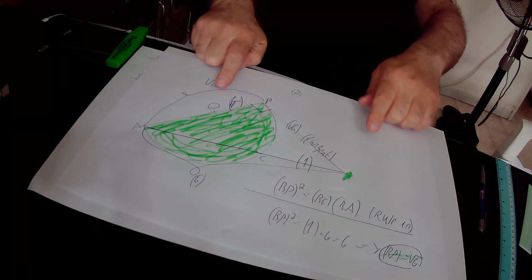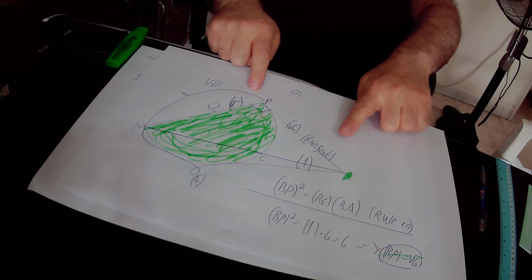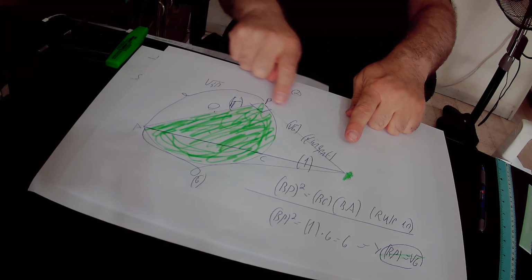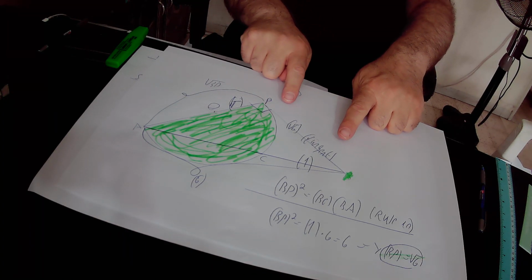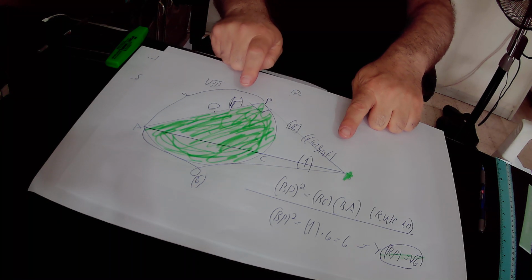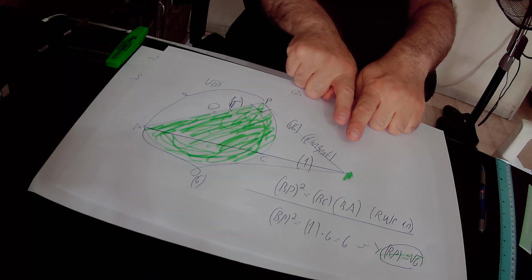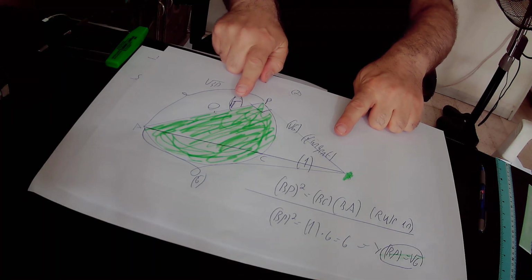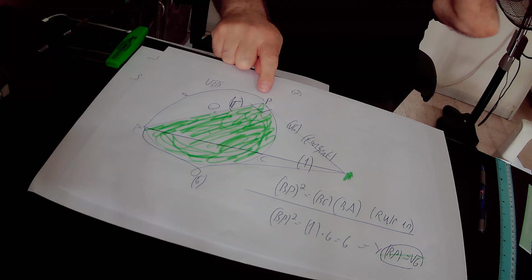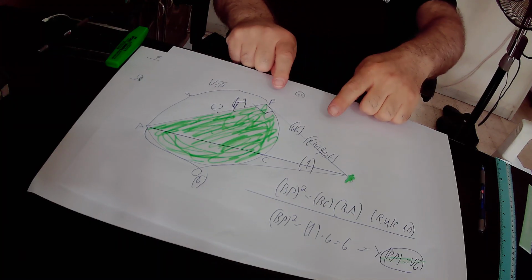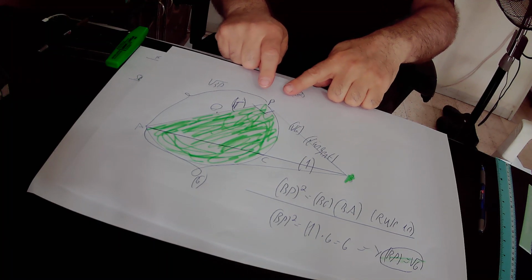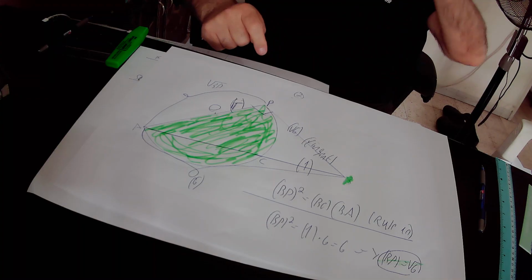And according to rule 1, whenever you have a line segment that is perpendicular to the radius, then this line segment must be defined as a tangent to this green semicircle. Therefore, we have here BP is tangent to this green semicircle at point P, according to rule 1.